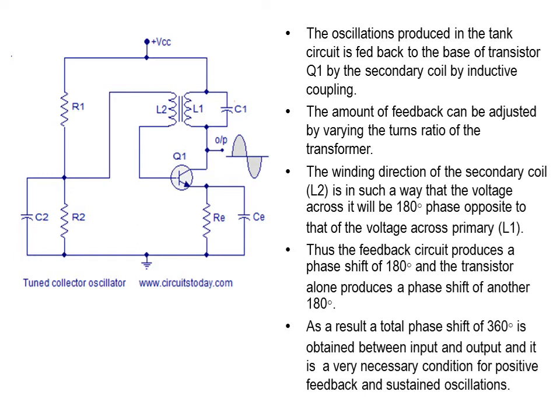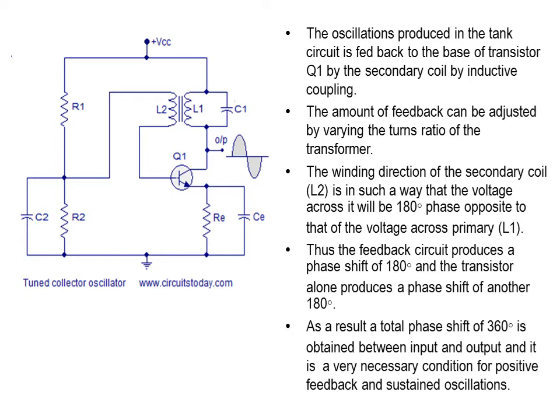So you start by examining Q1. The base is connected to L2, the lower part of L2. So obviously we start from there. Where have we connected the other end of L2? The other end of L2 is going to the top portion of R2, and the bottom portion of R2 is connected to RE, which is connected to the emitter. So that is actually the input part.